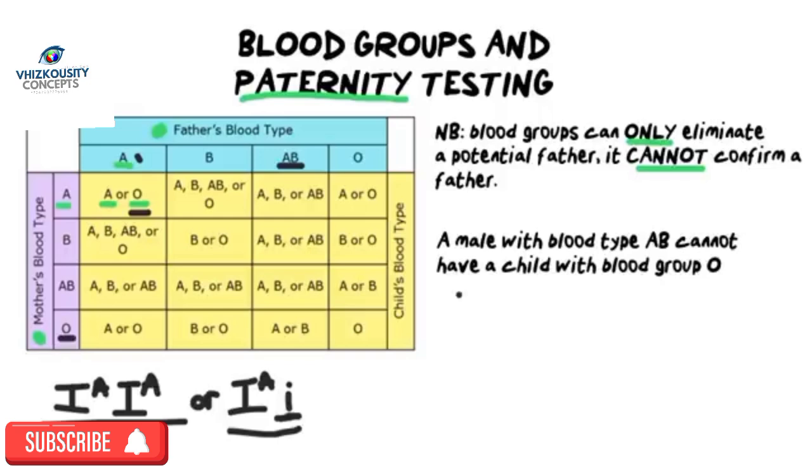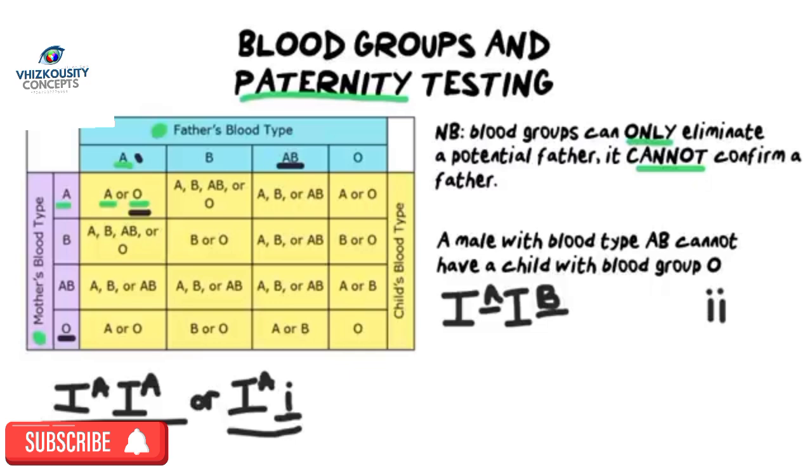The reason for that is that our father is blood group AB, so we write it like this. That means that when he has children, the only possible children he could produce must have either an A or a B in their phenotype. This is because in order to have blood group O, you would need two lowercase i's.